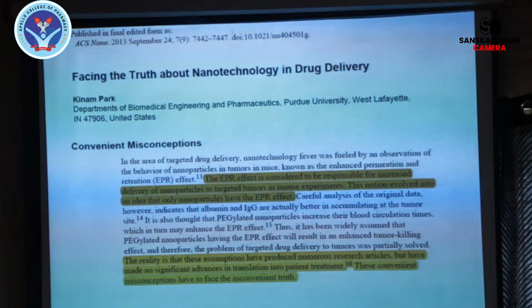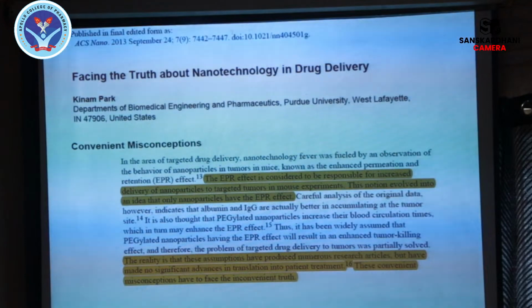That means the anti-cancer effect of the drug injection is equivalent to that of the nanoparticles. It has no additional benefits. But in theory I told you that it has additional benefits because of its enhanced permeability and retention. But in real practice, when you see the clinical results, there is no real benefit. And this paper highlights that.